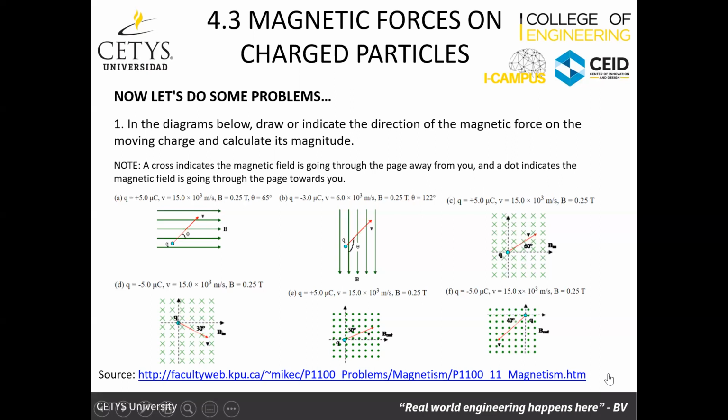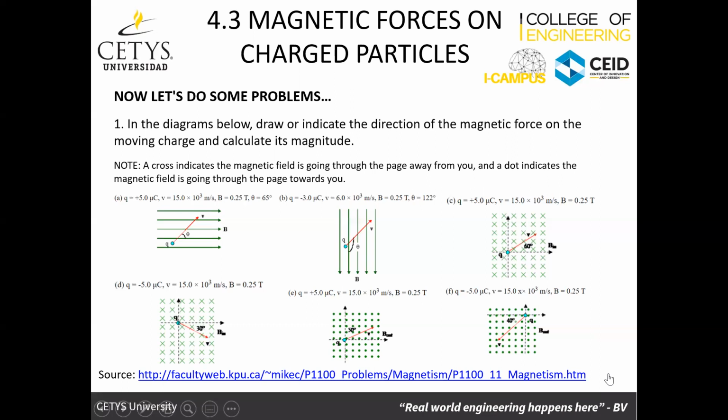What we want to do is find the force that's being exerted in each of these situations. Each example is different. In each case, the magnetic field is going in a different direction. Whenever we see an X, the magnetic field is going inside.